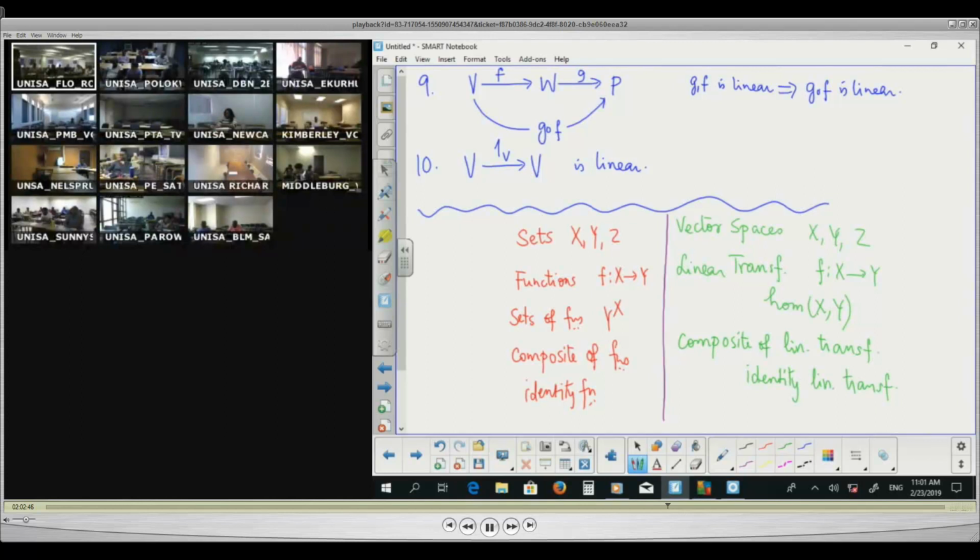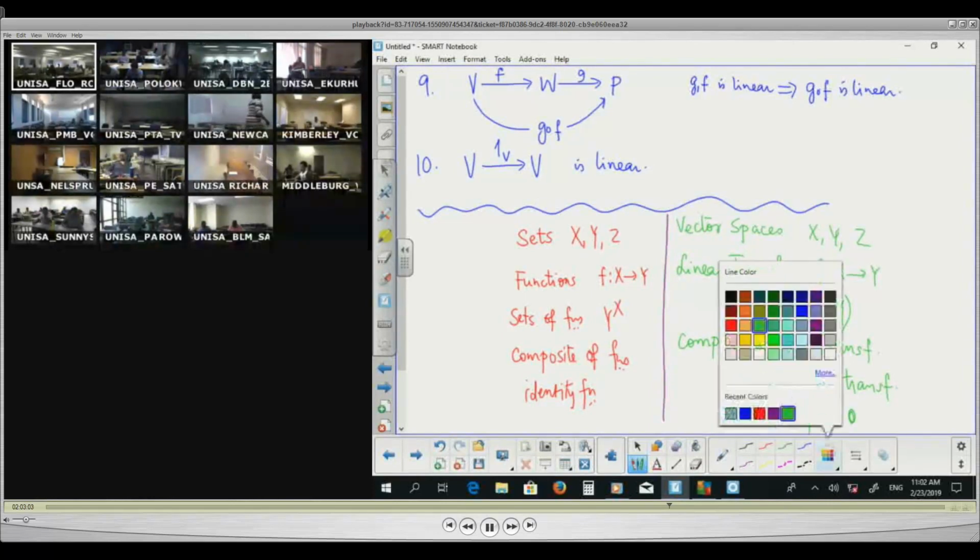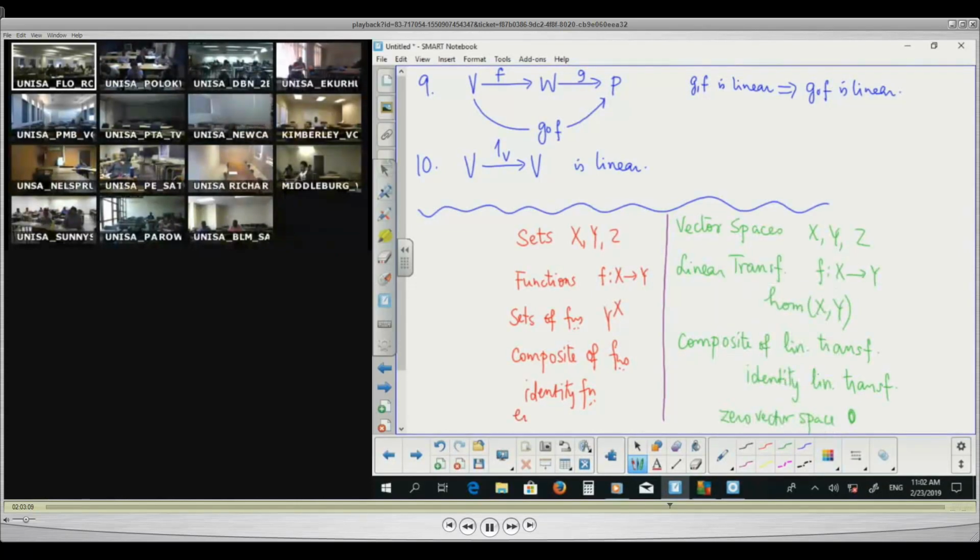Another thing we also saw: the zero vector space. And we saw the empty set.